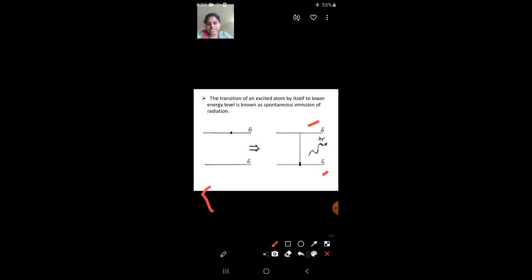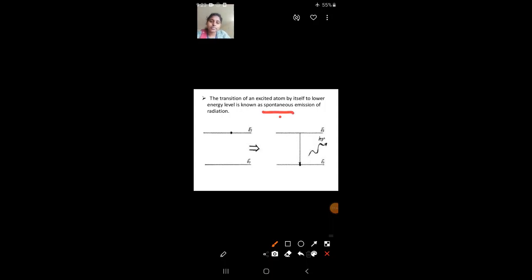That's why E2 minus E1 is equal to the photon energy, that means h nu. Here h is the Planck's constant and nu is the frequency of the wave. So this is known as spontaneous emission of radiation.